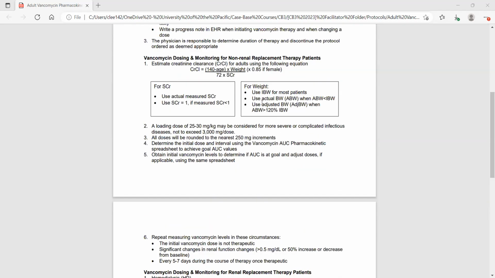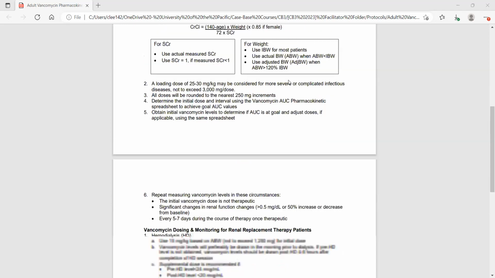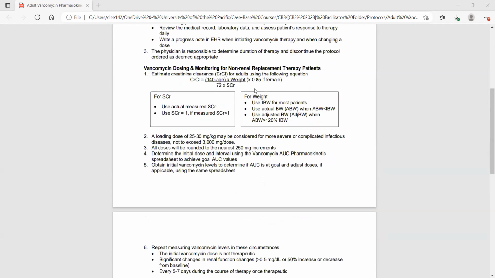So let's talk about those who are not on renal replacement therapy, not on hemodialysis or other continuous renal replacement therapy. First, you want to know their creatinine clearance, right? That is very important because vancomycin is cleared renally. So if they have renal impairment, then we need to take that into consideration with the dosing.